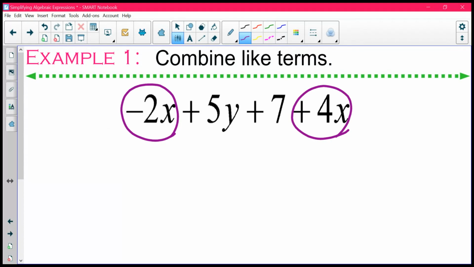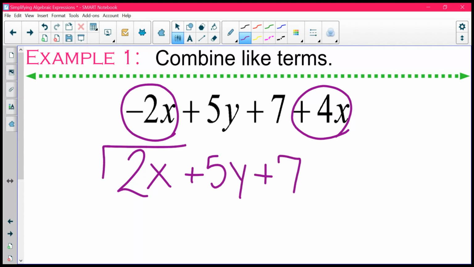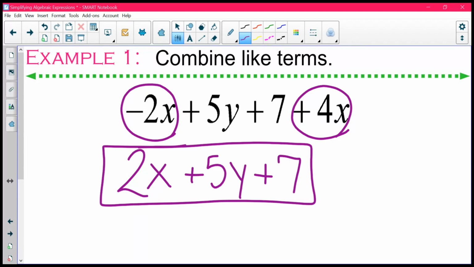When you're combining, you're going to add them together. So -2 plus 4 would be 2x. The 5y and the 7, they cannot match up. They're not like. We cannot combine them. So we just bring them down. And then that's it. When you're simplifying expressions, you're just cleaning them up. There's no solving, nothing like that.